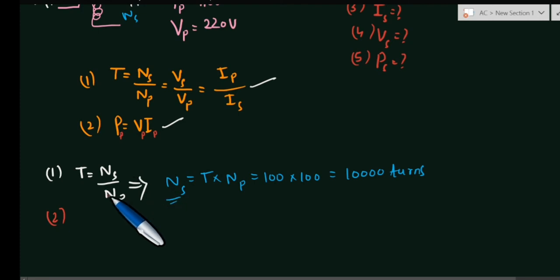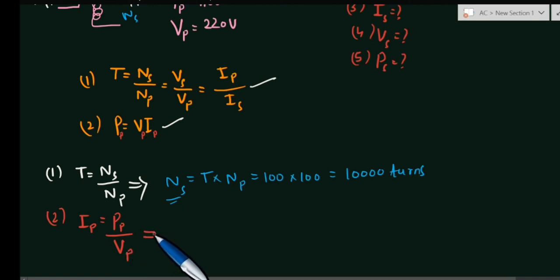Then Ip, the current at the primary, is equal to power at the primary divided by Vp.